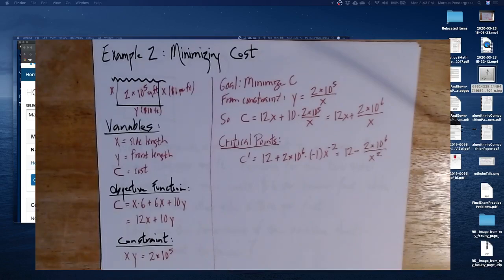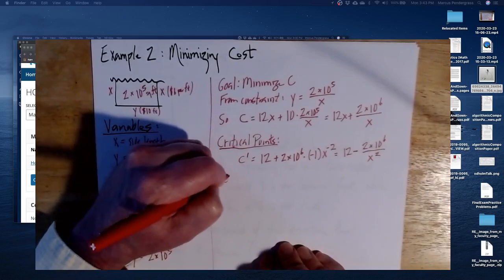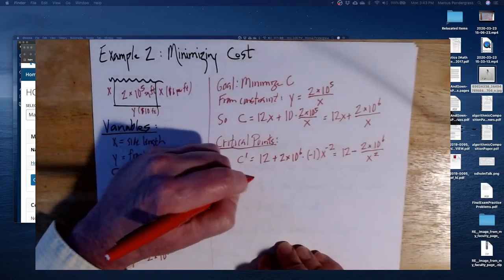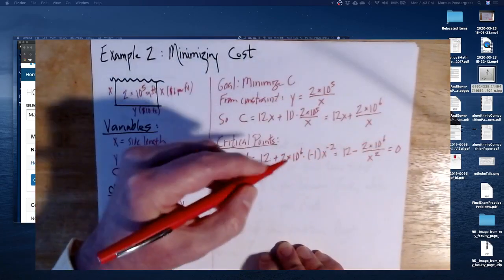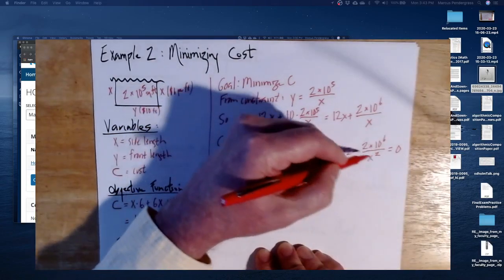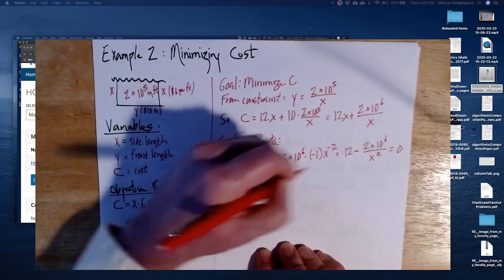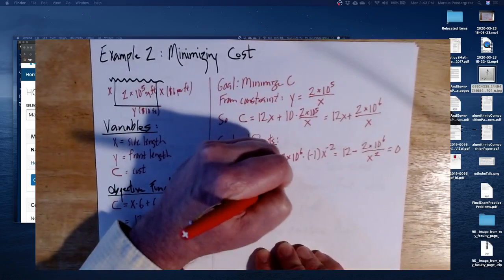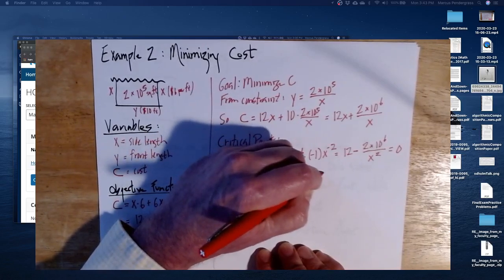Okay, so let's look at places where the derivative is equal to 0. C prime would be 0. So I'm just going to set that equal to 0. So let me first multiply through by x squared, right? So I'd get 12x squared minus 2 times 10 to the 6th equals 0.